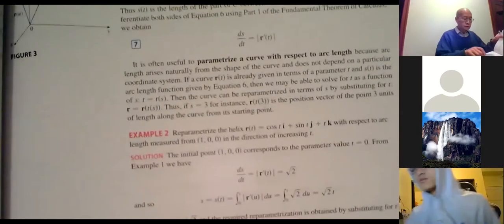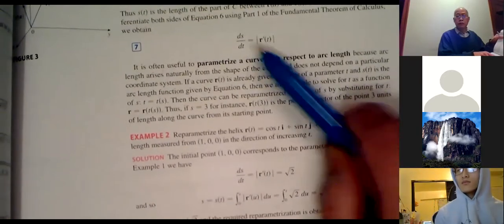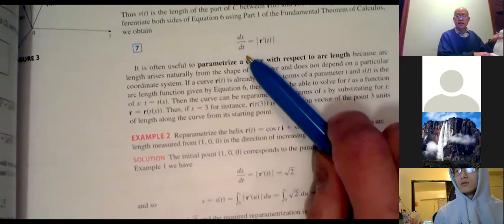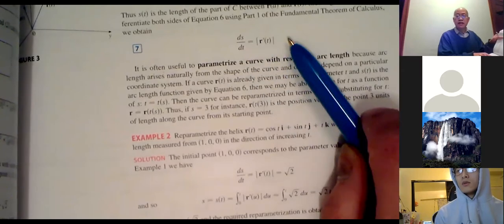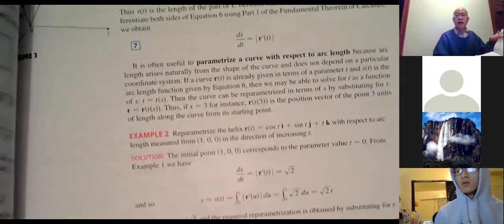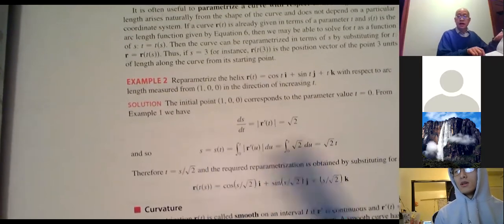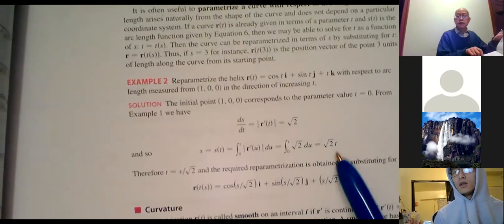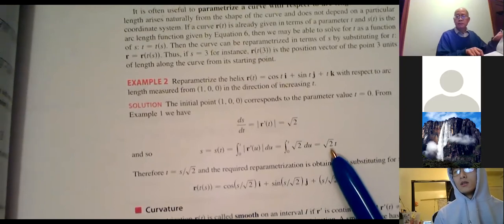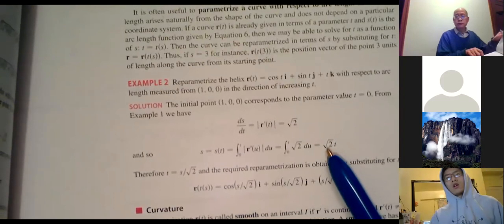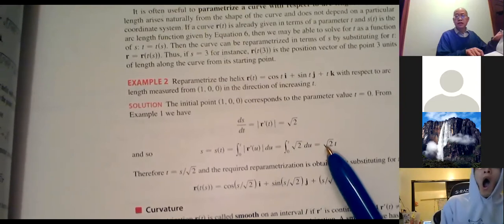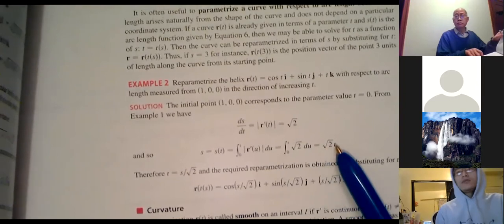But I'll show it to you when you have that homework problem. Again, you have this ds/dt, multiply both sides by dt, and integrate. You would end up with s equals radical 2 t. If you divide both sides by radical 2, t is equal to s over radical 2.